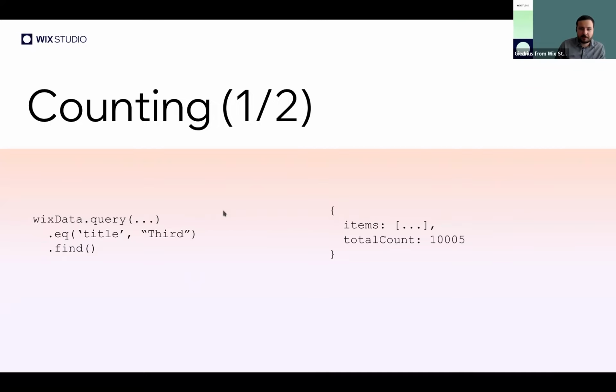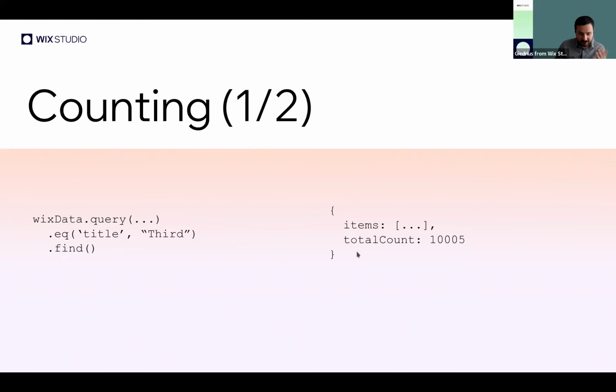For example, counting. Like every Wix data query, if you'll notice, when you're asking for something, it will give you the results, the items that you asked, but it will also give you a total count. So if we have, just like in this example, 10,005 items matching the query, we only read 50 items because that's the default limit to fulfill this query, or whatever else limit you may specify.